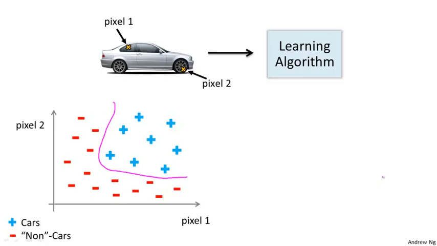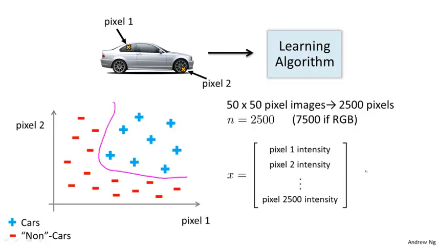What is the dimension of the feature space? Suppose we were to use just 50 by 50 pixel images. That is, suppose our images were pretty small ones, just 50 pixels on the side. Then we would have 2500 pixels, and so the dimension of our feature space will be n equals 2500, where our feature vector x is a list of all the pixel intensities, the pixel brightness of pixel 1, the brightness of pixel 2, and so on, down to the pixel brightness of the last pixel, where in a typical computer representation, each of these may be values between, say, 0 to 255, which gives us the grayscale value.